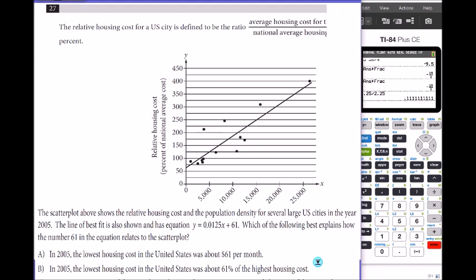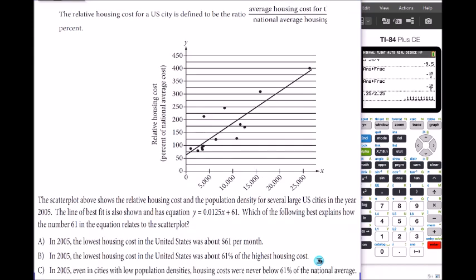27. The relative housing cost for a U.S. city is defined to be the ratio of average housing costs for the city divided by the national average housing cost, expressed in percentage. The scatter plot above shows the relative housing costs and the population density for several large U.S. cities in the year 2005.